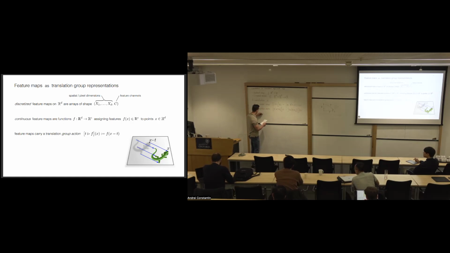And we get K of X comma Y. But now we need to plug in the translated F. So instead of just having F of Y, we get F of Y minus T. I'm sorry, this should be a Z. This is just taking the definition and then translating my input.